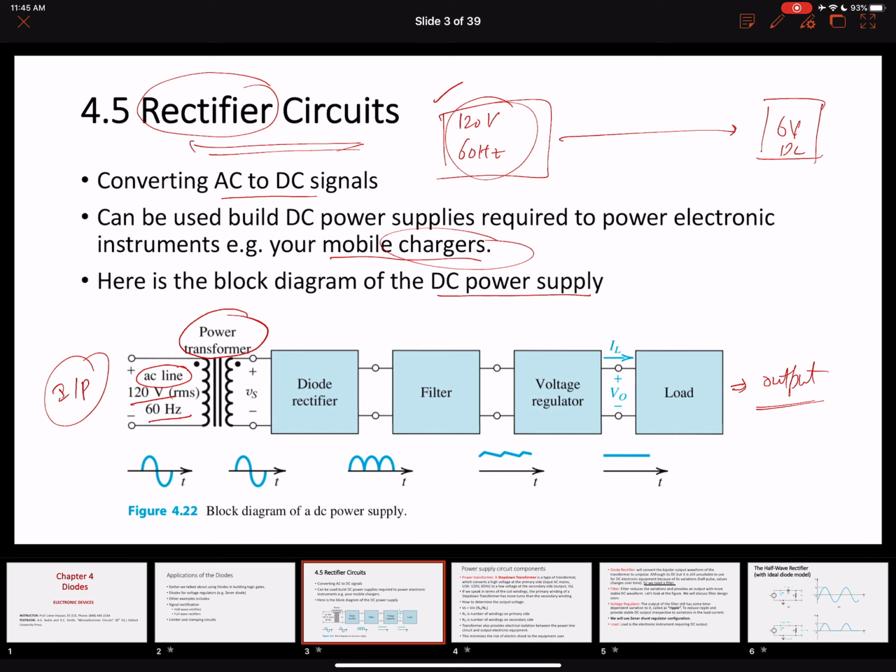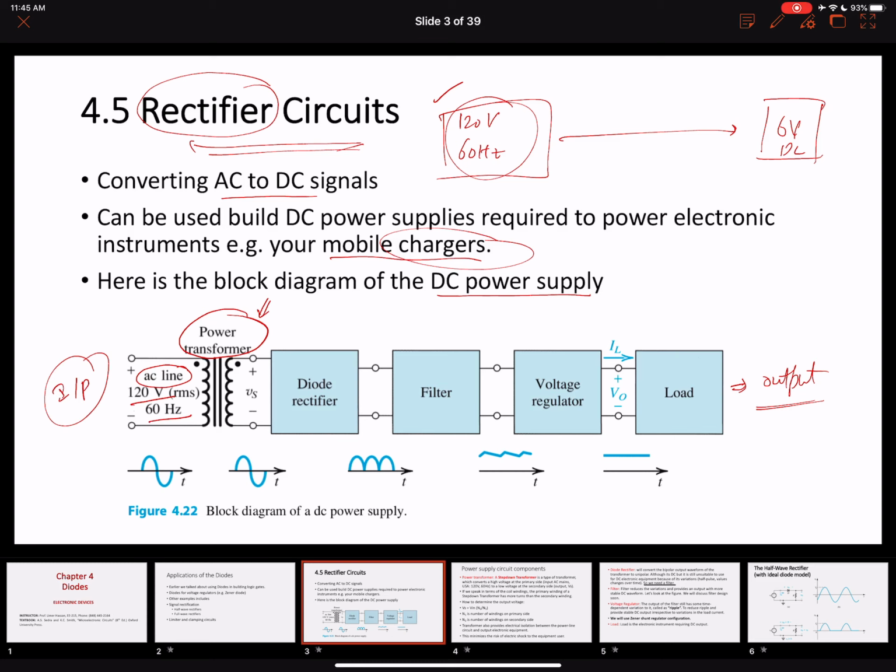In the first step, we use a transformer inside that power supply, and this transformer is a step-down transformer. I hope you have already studied transformers, step-up and step-down transformers. Anyway, the function of a step-down transformer is to lower the voltage values, right?